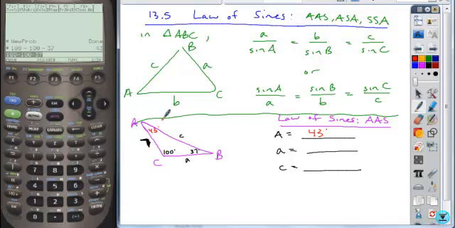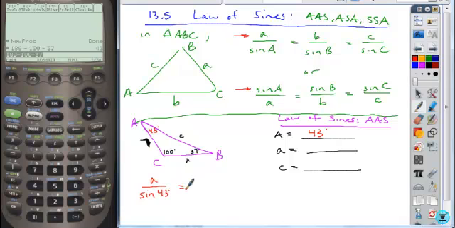Next, we can pick either of the two pieces that we want to find, either side A or side C. Let's say we want to find side A. Whatever your unknown is, I would always start with your unknown in the top left of your equation. So our unknown is A, so I'm going to start with the ratio A over the sine of the angle opposite A, which is what measure? We just found it to be 43.